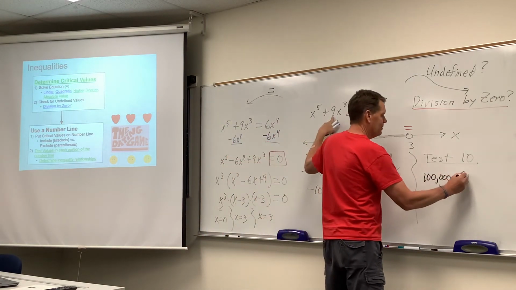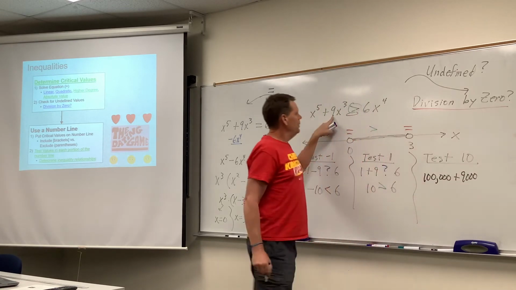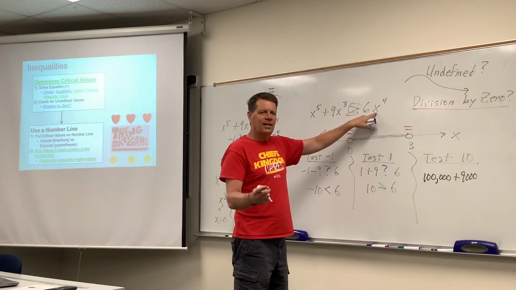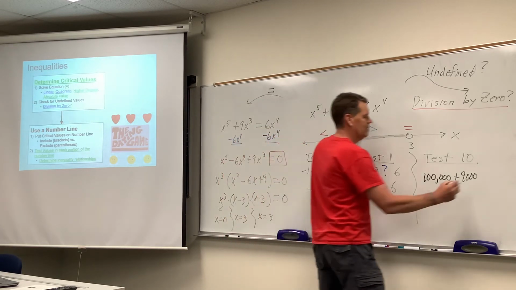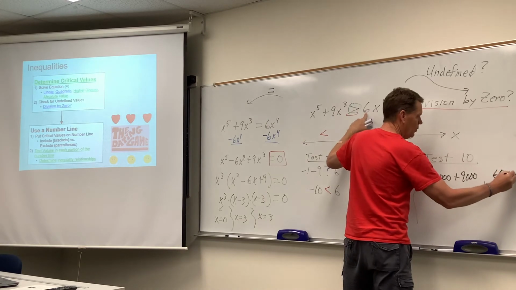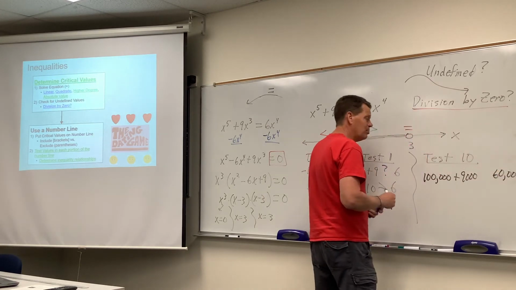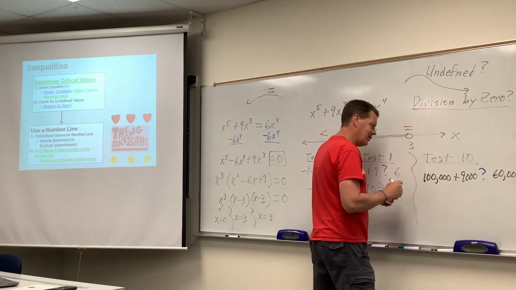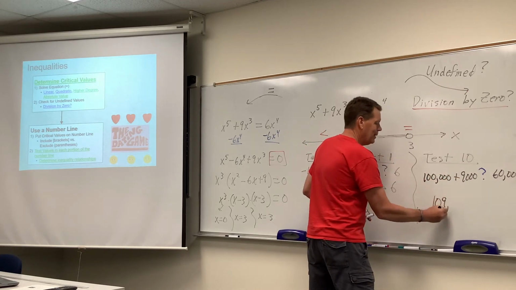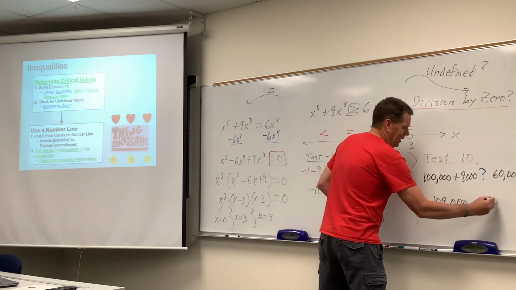That'd be 9,000. And then 10 to the 4th power. 10 times 10 times 10 times 10. That is 10,000 times 6. 60,000. You get really good at crunching these numbers. I should probably be writing it all the way out, but it's mechanical arithmetic, and we're in college, and I'm a snob, and all that, okay?